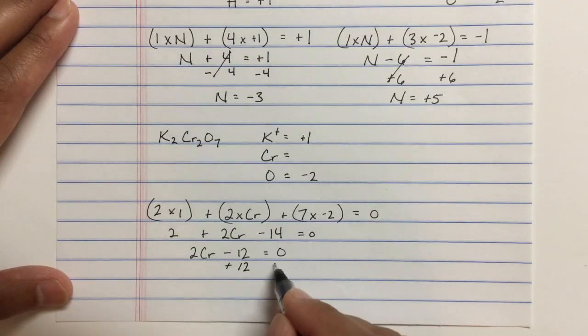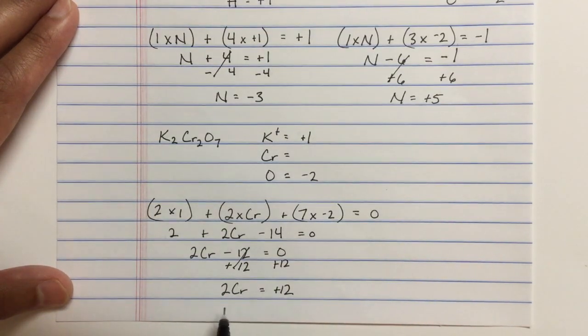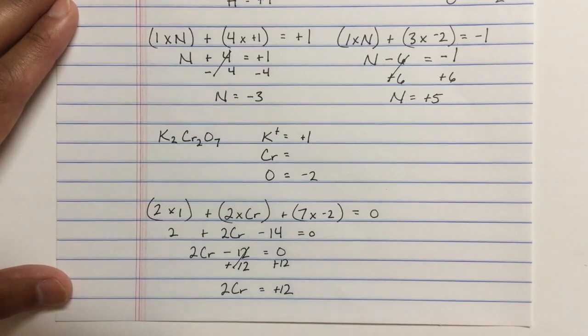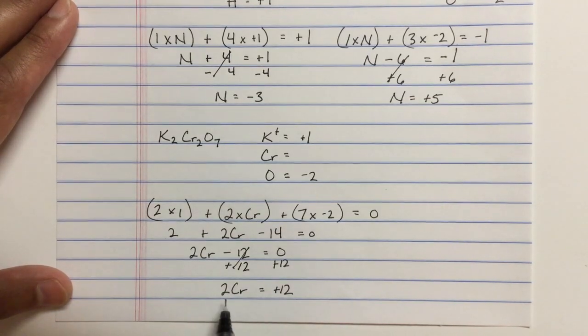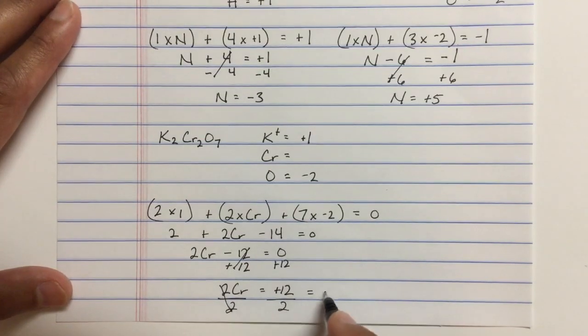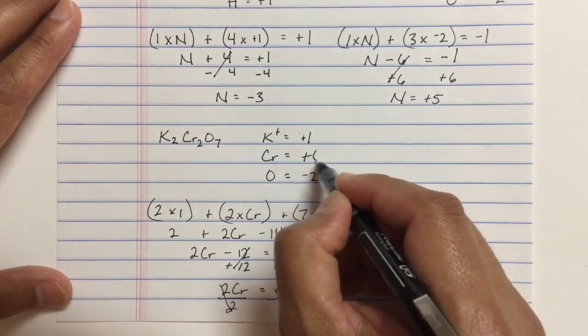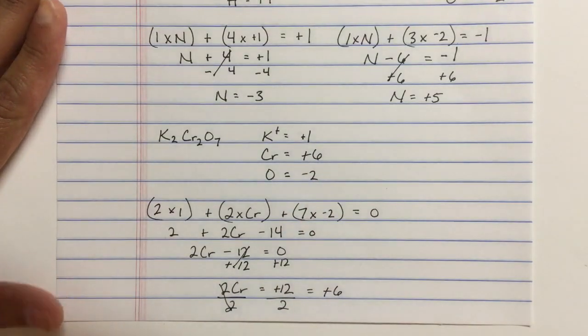We want to get the unknown by itself. Now here's a little bit different thing that we haven't seen yet. 2 times chromium. So we've got to get chromium by itself by dividing both sides by 2. So in this example, chromium has an oxidation state of +6.